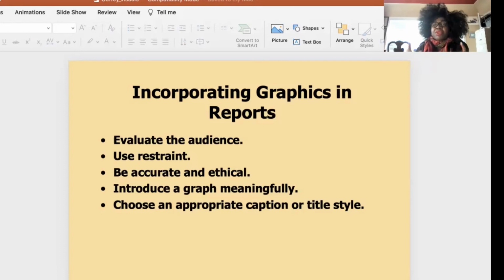And whatever graph you use, it must always have a caption or a title. And if you're using graphs in your PowerPoint for your oral presentation, make sure that there is not too much information on any slide, and make sure that you use a huge font so that people can see easily.